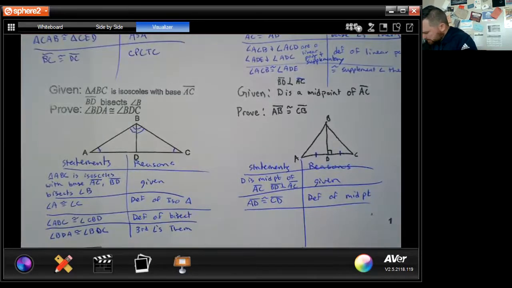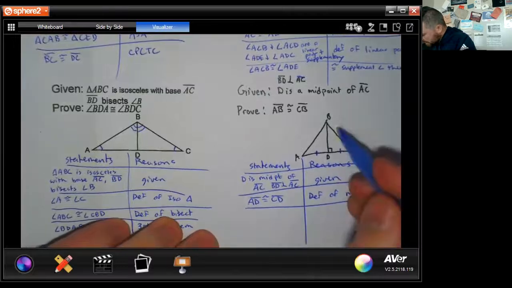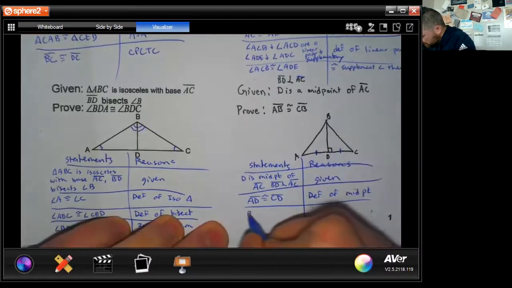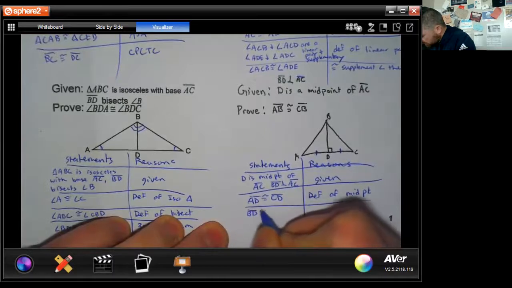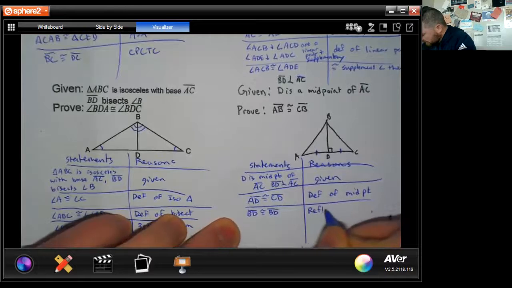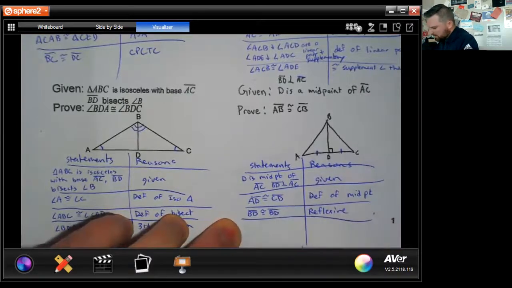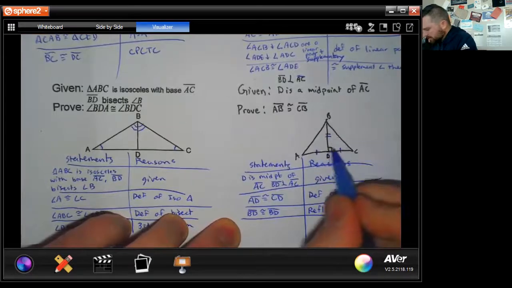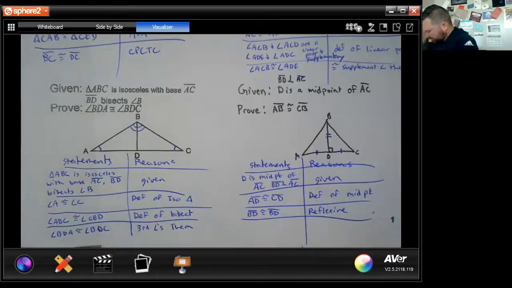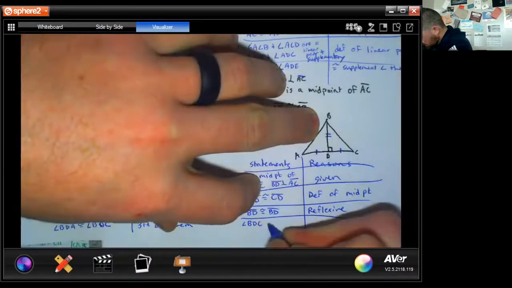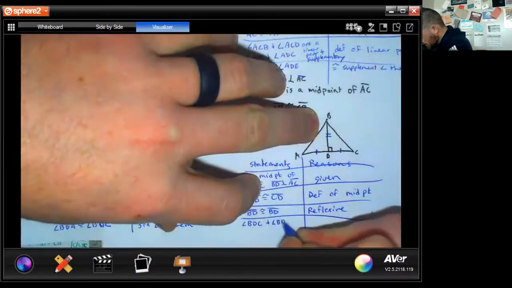Okay. I have here BD. So BD is congruent to BD, that is reflexive. Okay, and now they're perpendicular, but I have to say that they're right angles and that the right angles are congruent. So angle BDC and angle BDA are right angles.